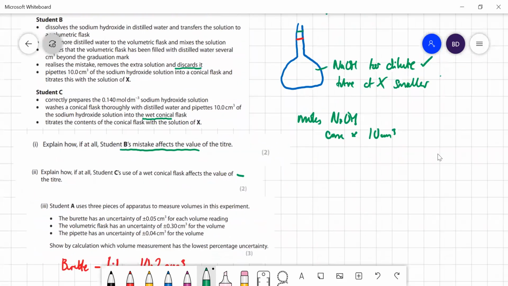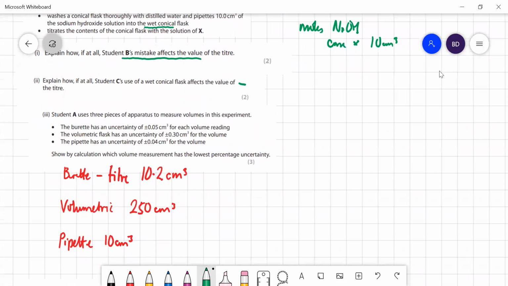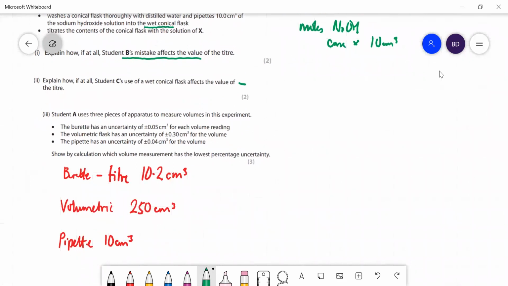Okay, right. Now we're talking about errors. Student A uses 3 pieces of apparatus to measure the volumes. We've got to calculate which volume has the lowest percentage uncertainty. So let's do it for each of them. Right, the burette, we had a titer of 10.2, if you read early in the question. Now the error is 0.05 for each volume reading, but we do 2 volume readings, one to measure the start volume and then the reading in the burette when you've finished the titration.